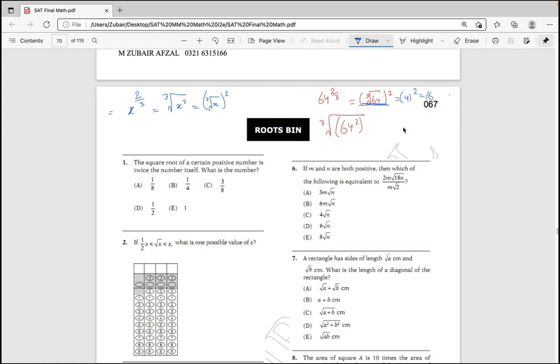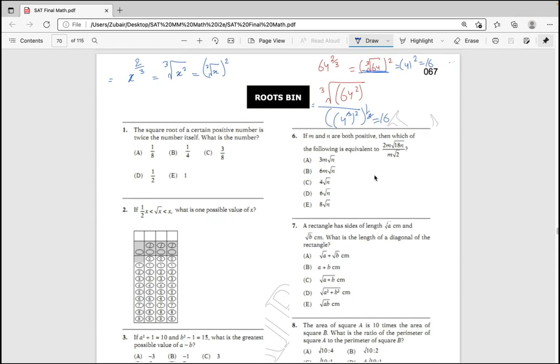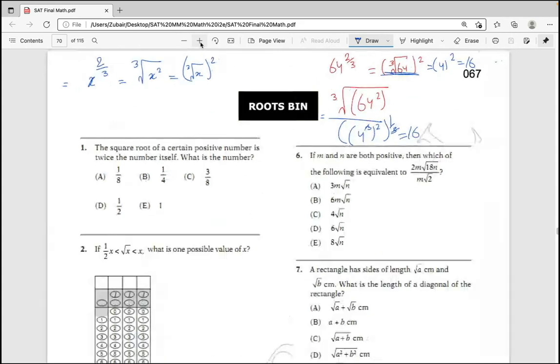Easier for me to think over it. And the second option, 64 squared, would be a very large number. So what I can do is break this into 4 cube raised to power 2 and then raised to power 1 by 3. Cancel out this and 4 square is again 16. So this is roots bit. Other than that, these are just indices and powers.